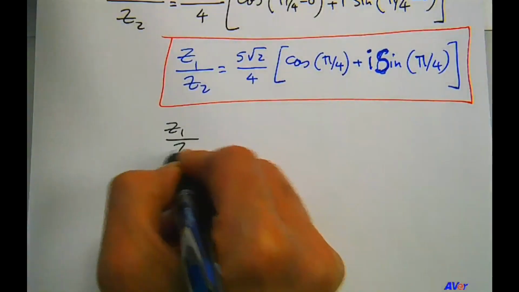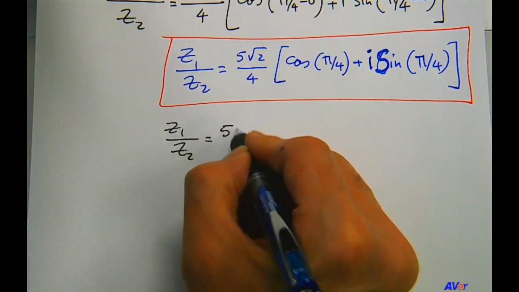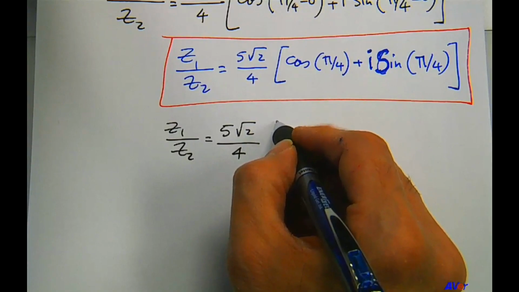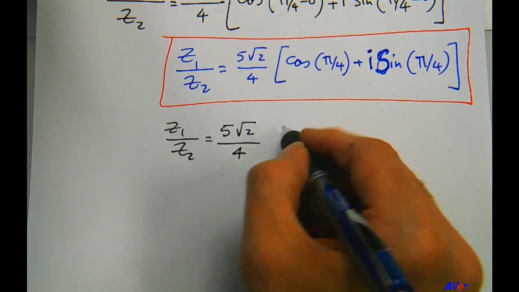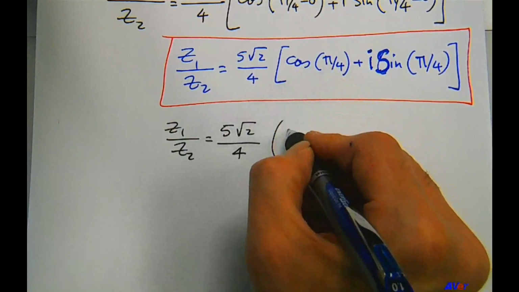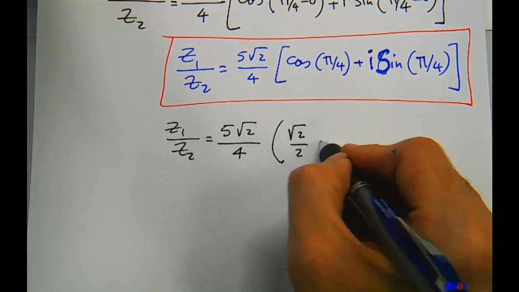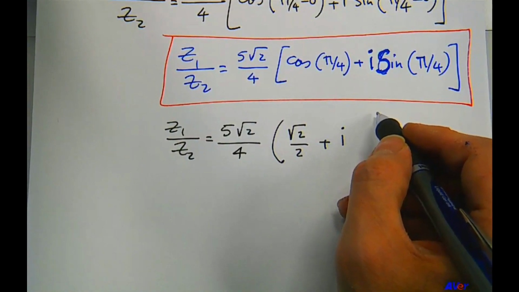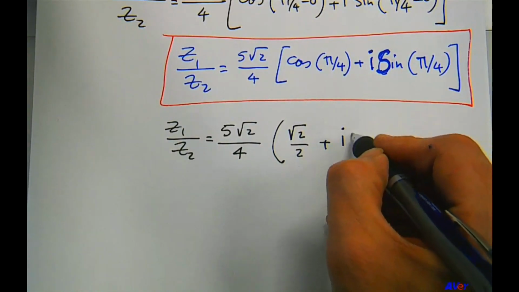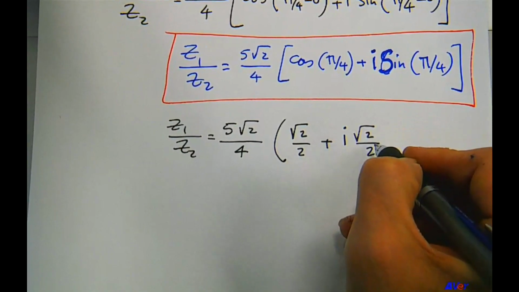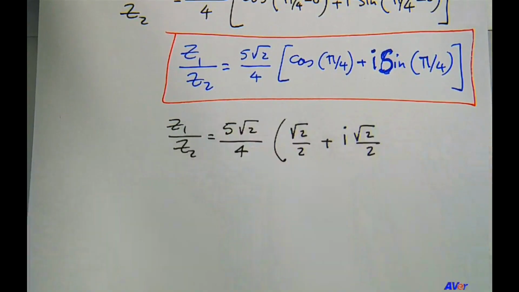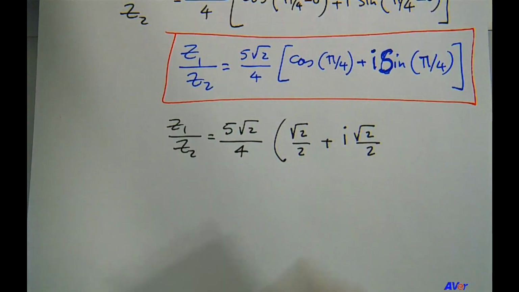So let's do that. We have z1 over z2 equals 5 square root of 2 over 4 times cosine pi over 4, which is square root of 2 over 2, plus i times square root of 2 over 2. Like that. So let's see. Yeah, that should be correct.